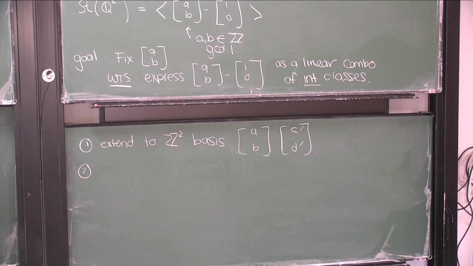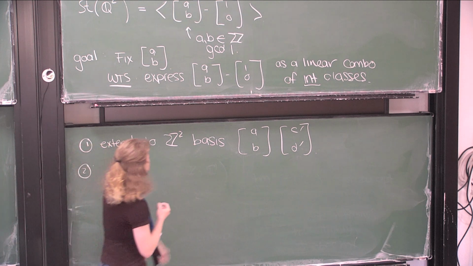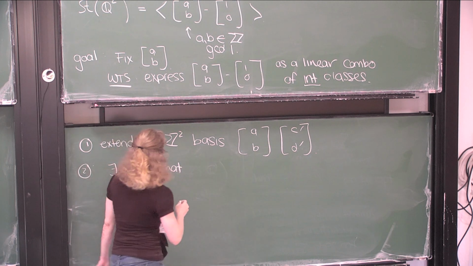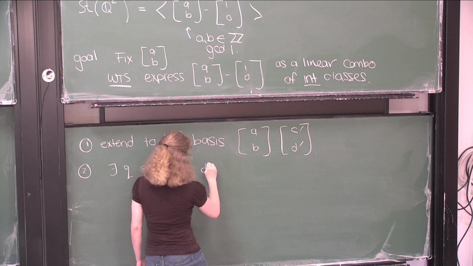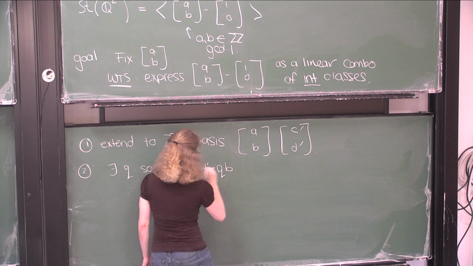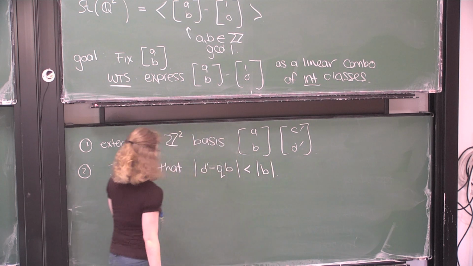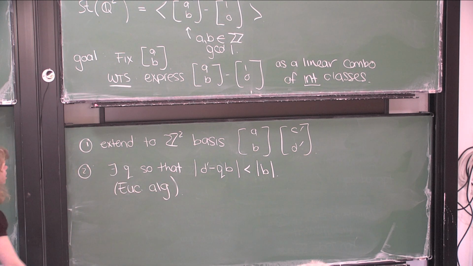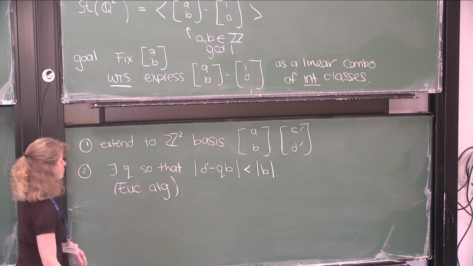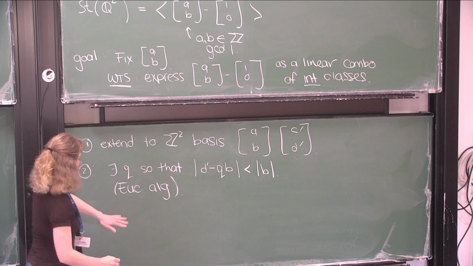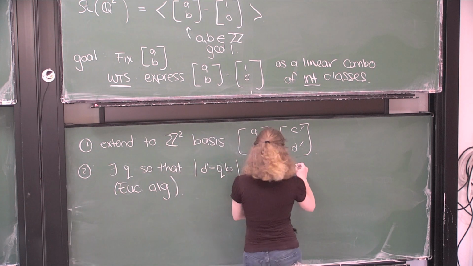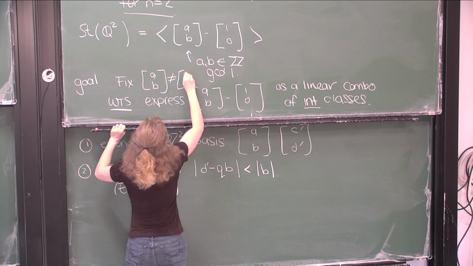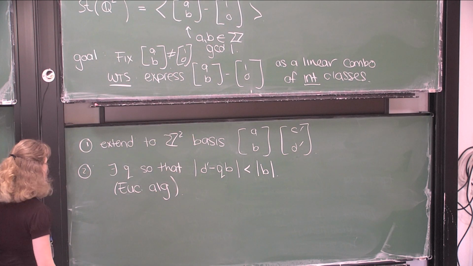And then I'll observe that the Euclidean algorithm tells me that there exists some integer q so that the absolute value of d' minus q times b is less than the absolute value of b, if b is non-zero. Sorry, did I write that backwards? No, I'm saying if b is non-zero, right? Oh, sorry, right. Yeah, good point, thank you.